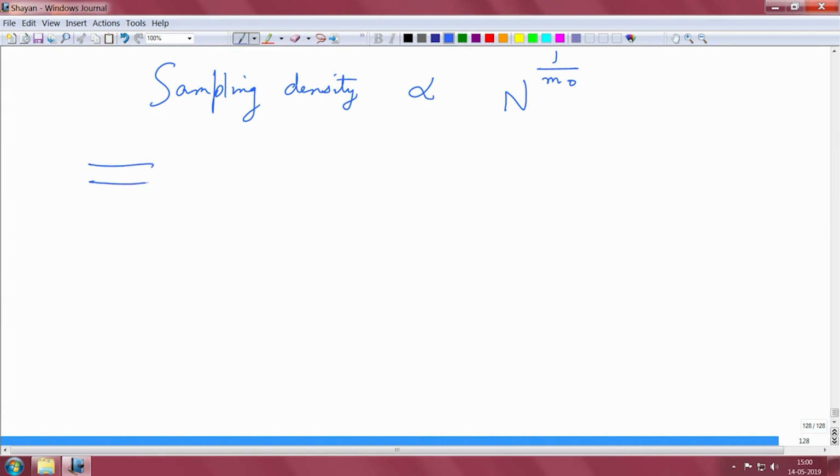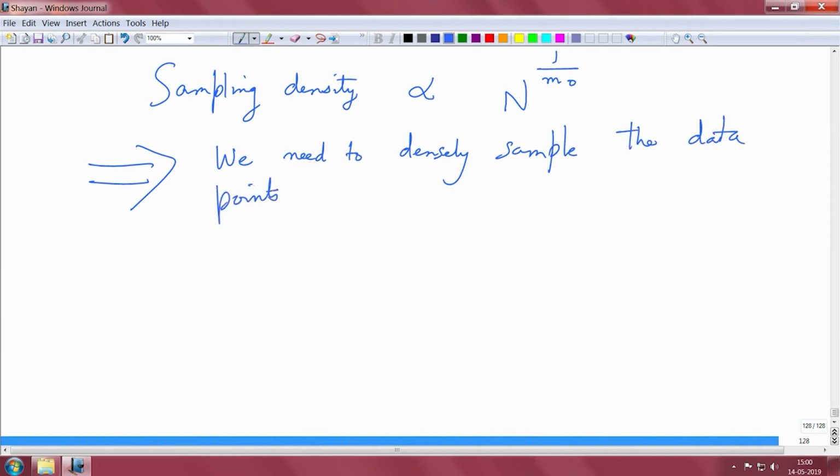What we mean here is we need to densely sample the data points to learn the function well. If I give you a higher dimensional space, I need to sample these points densely in a higher dimensional space to learn this function pretty well.